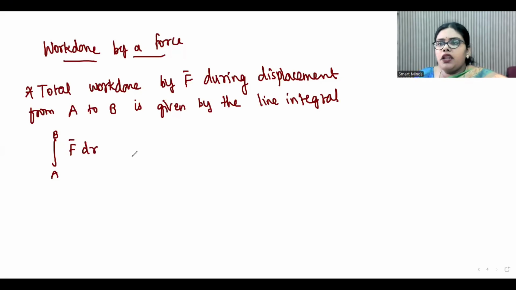We use bar only for vectors. For scalars, we don't take any bar.